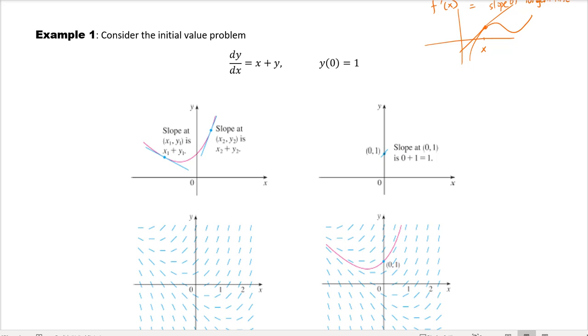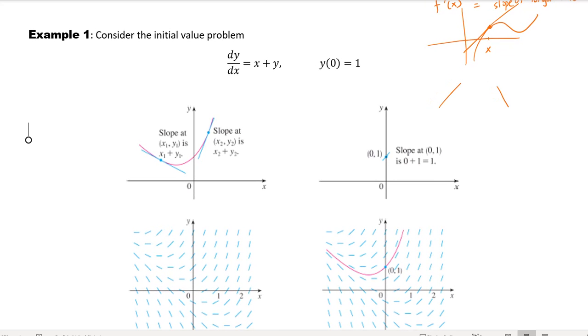Keep in mind the lines like this: this one's slope is positive, this one's slope is negative, this one's slope is 0, and this one's slope is undefined.